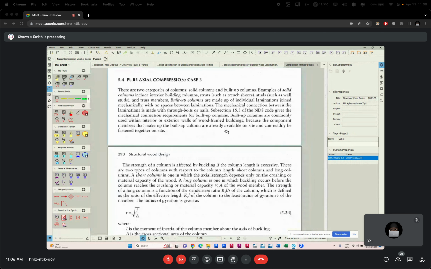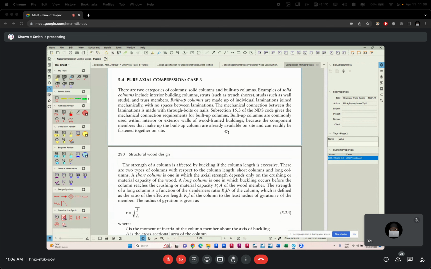Among the documents I sent last night, there is also one called compression member design. That's columns, really. Compression means columns and struts, because you can have members in a truss which are also in compression, which are not necessarily columns, and the same principle applies. What we're looking at, class, is pure axial compression.